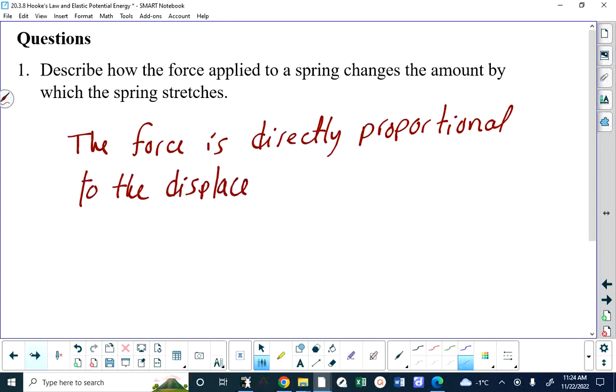The word displacement means how much the spring stretches. So if you stretch a spring twice as far, you have to apply twice the force.